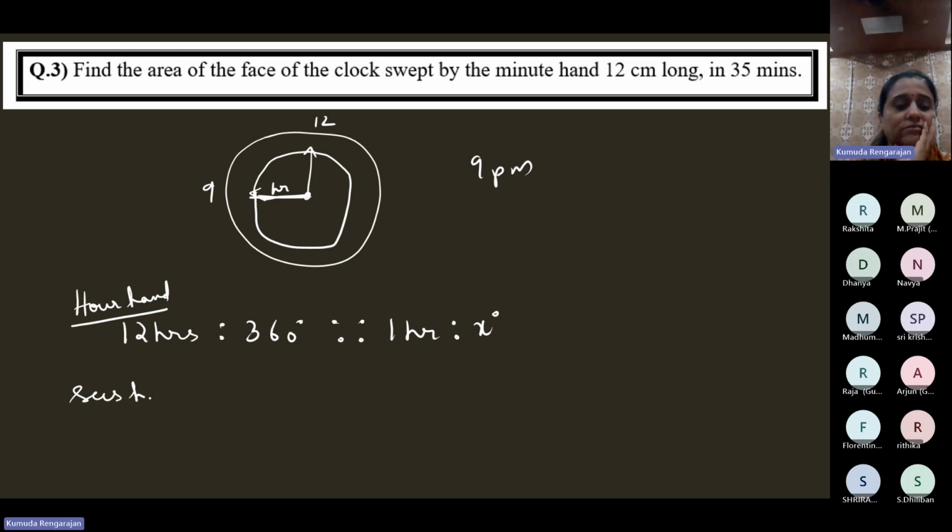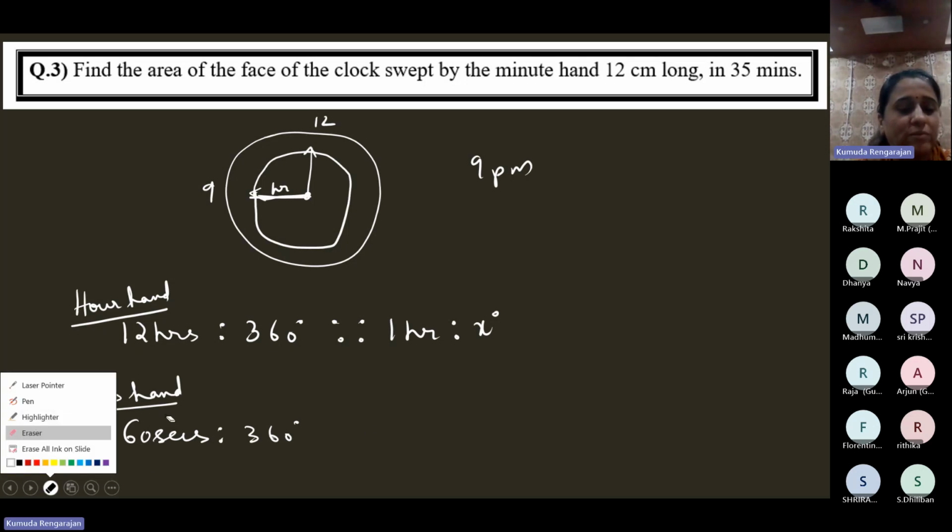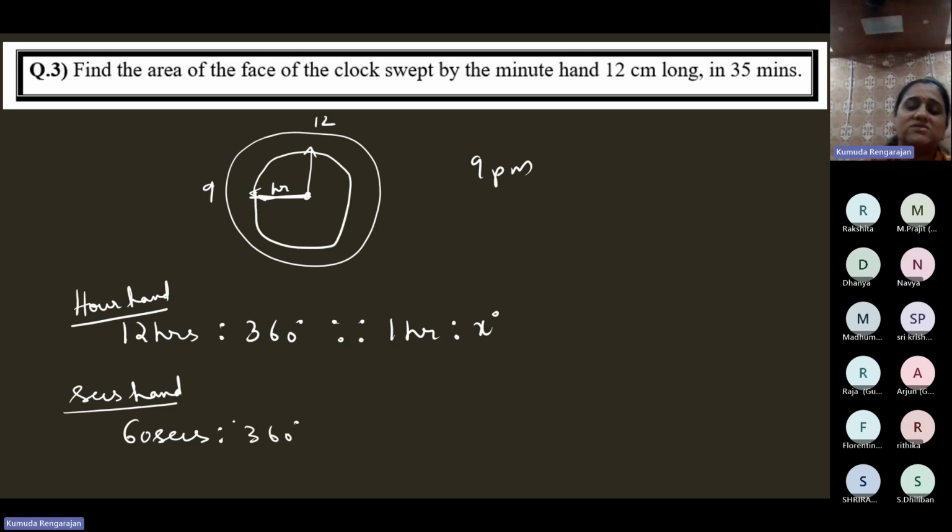Supposing the seconds hand: when will the seconds hand come back to 12? In 1 minute, in 60 seconds, it goes 360 degrees. So in 20 seconds, 30 seconds, whatever you have to find, this proportion will be very useful to find the sector angle.